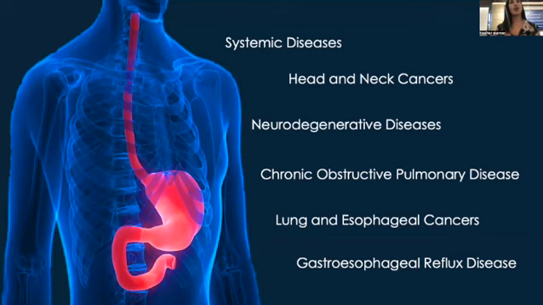COPD patients also have pharyngeal issues coordinating adequate airway protection, but also have really high rates of esophageal dysphagia caused by gastroesophageal reflux disease. Patients with lung and esophageal cancers have obstruction from potential tumors, and then gastroesophageal reflux disease, which is the leading cause of solid food dysphagia in the United States.